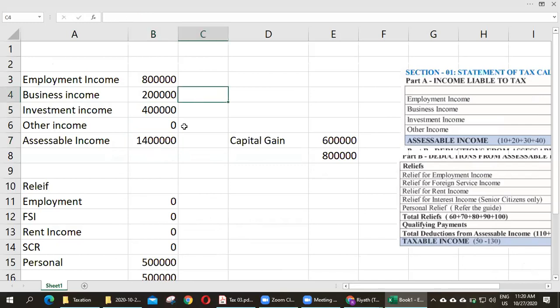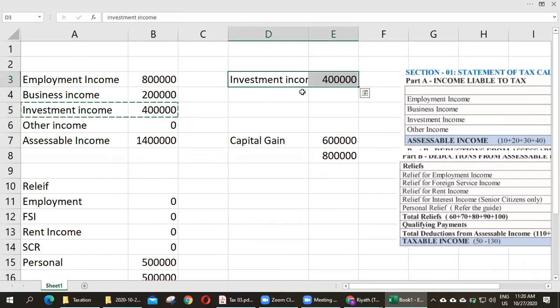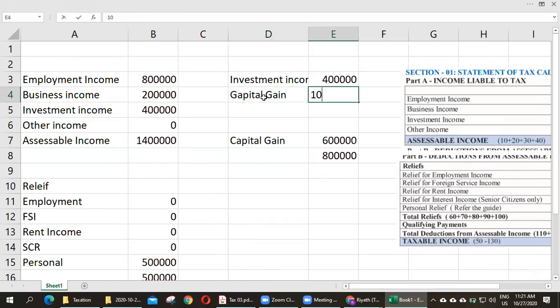1.4 million, right? Here we can divide this investment income into two parts. How? Capital gain equal 100,000 and rent income equal 300,000, right?